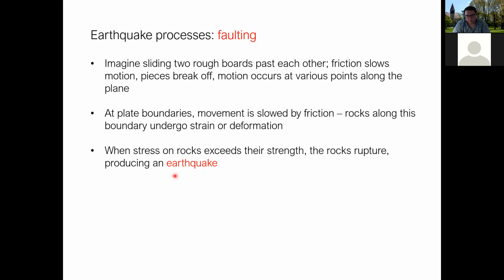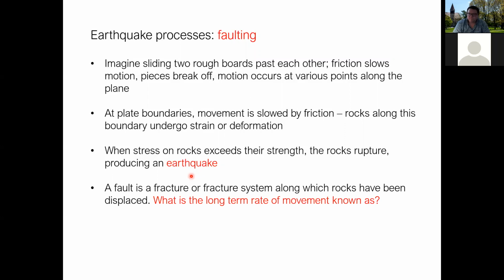Mostly, what we're concerned about with earthquakes is the brittle failure. You've probably always heard as a child, bend but don't break, and the reality is that most rocks are hard enough that with enough pressure they'll eventually break and lead to an earthquake.